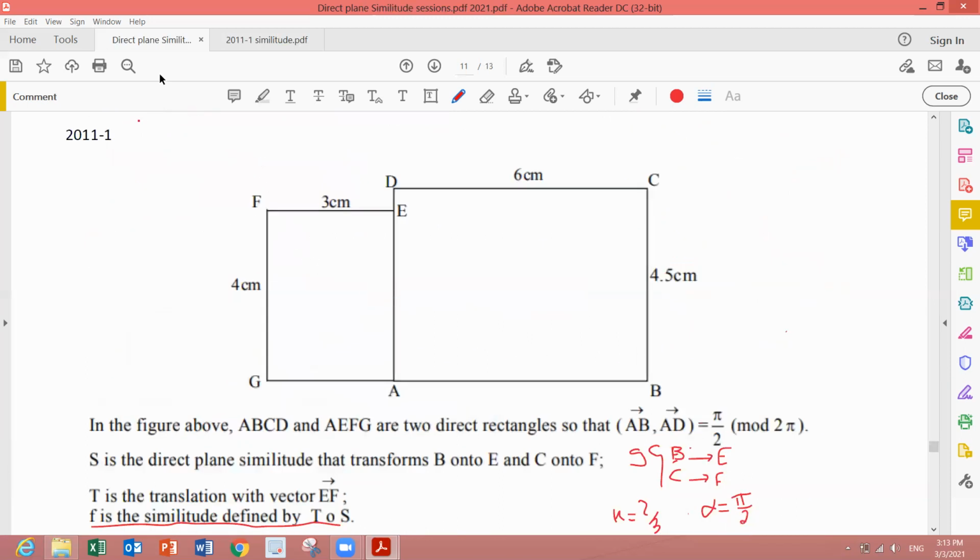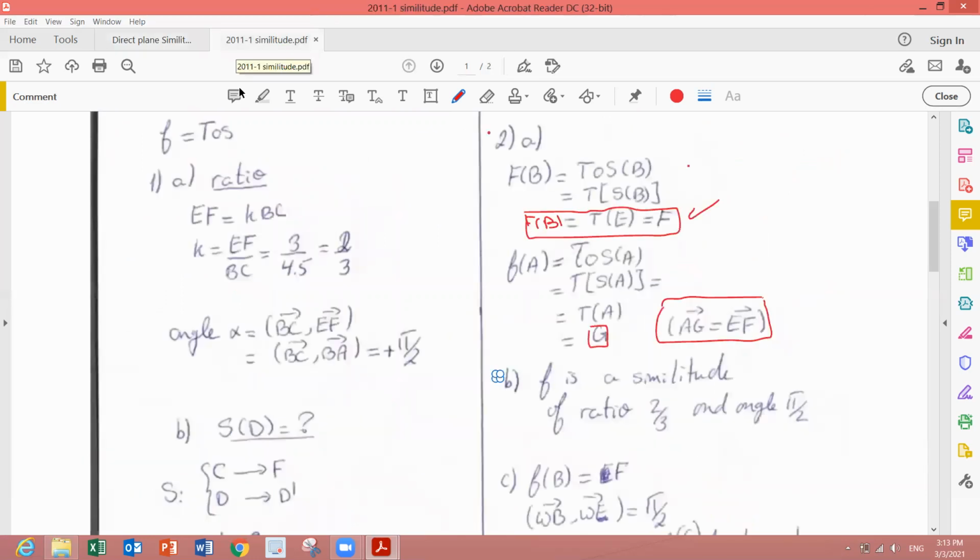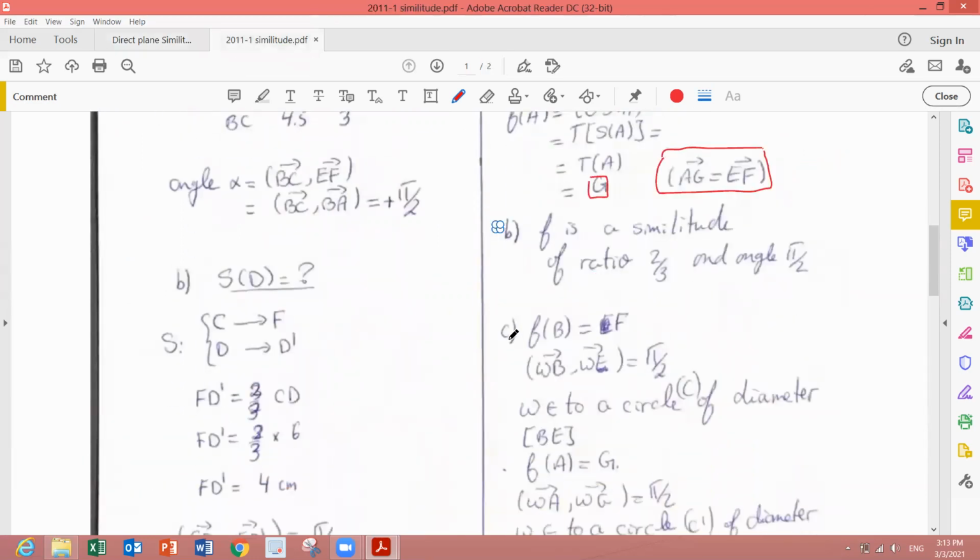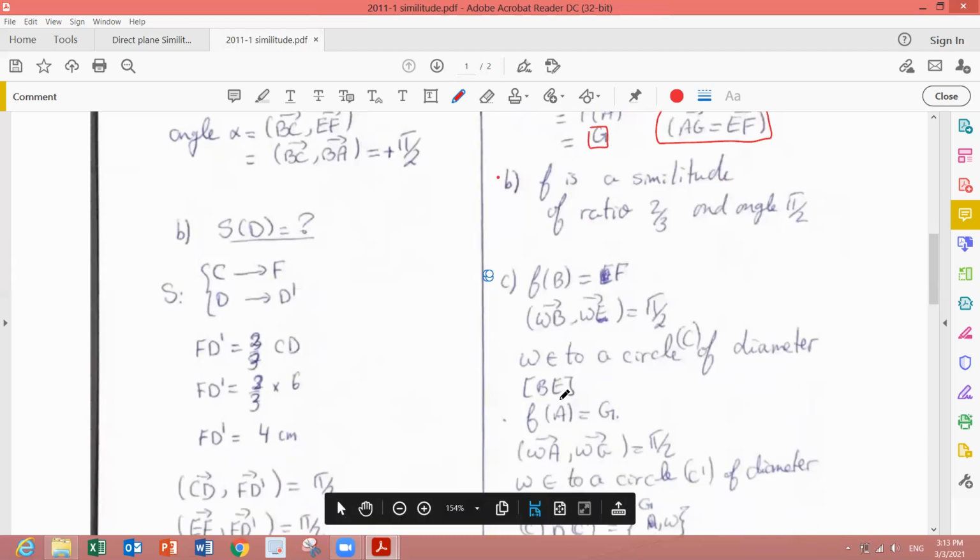So F of B equals F. W belongs to the circle C of diameter BF, not BE, this one, BF.